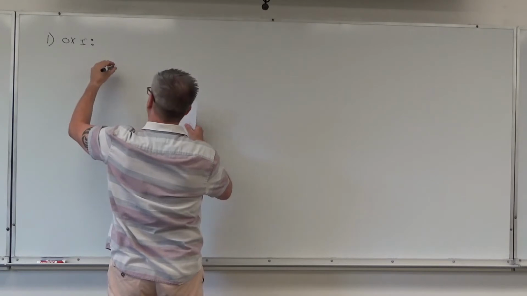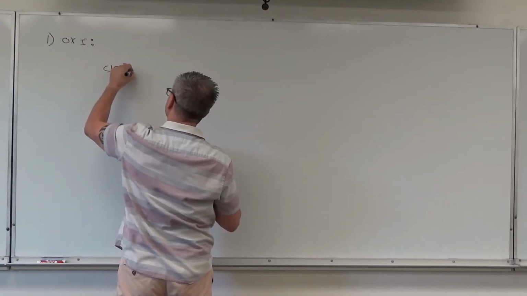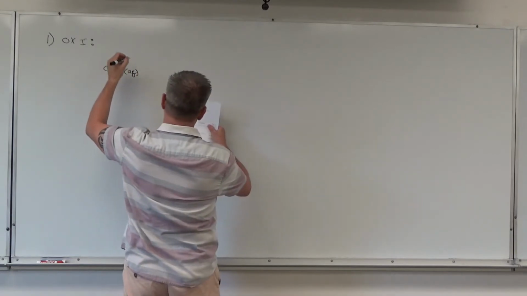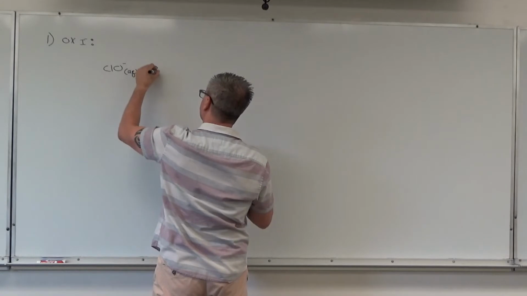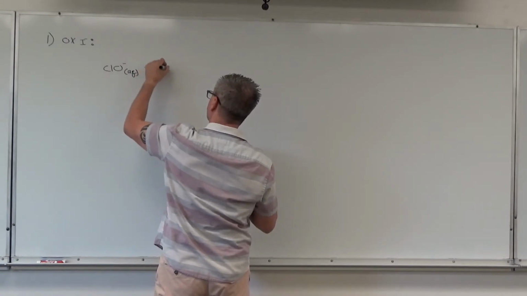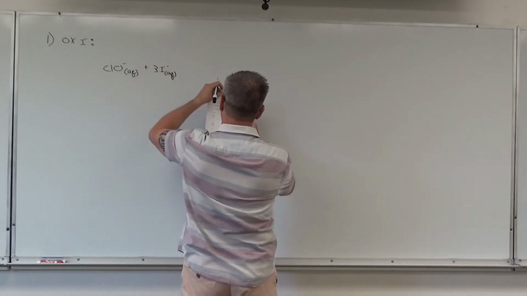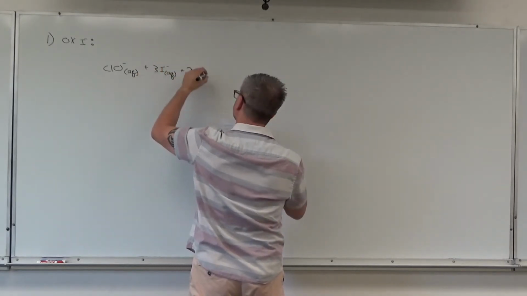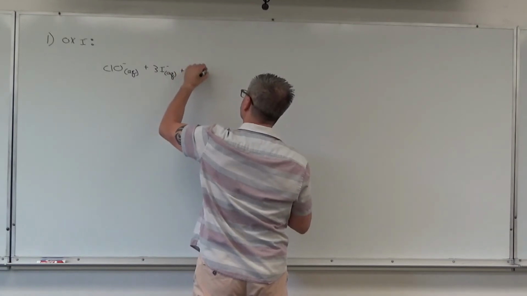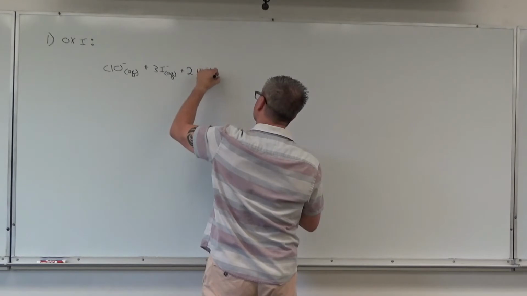So we have hypochlorite, aqueous solution, plus 3 I minus, aqueous solution, plus 2 hydronium. This is for the balanced equation, obviously.